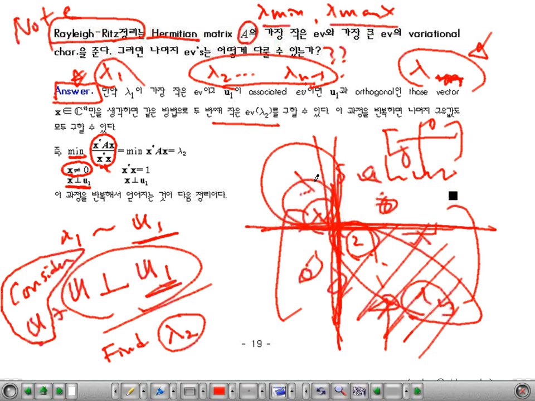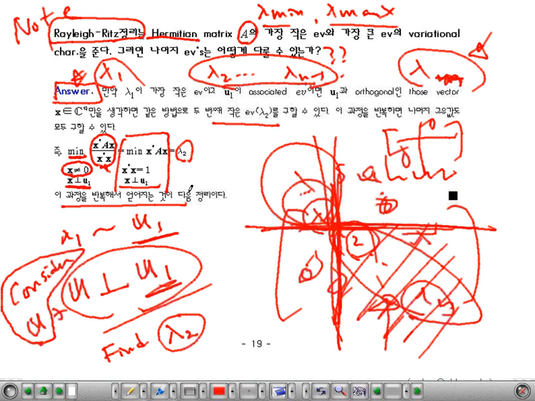Then this is the same as this, and we can find the smallest scalar among them except lambda 1, and we can also show it is the eigenvalue, which is the second smallest eigenvalue. This is all from the property of the Hermitian matrix.